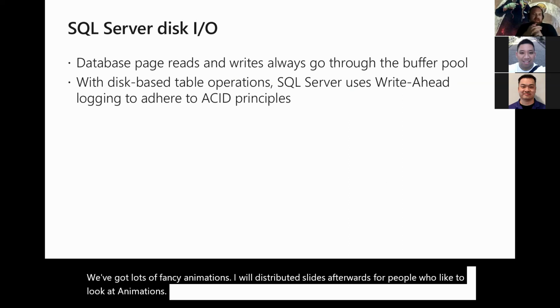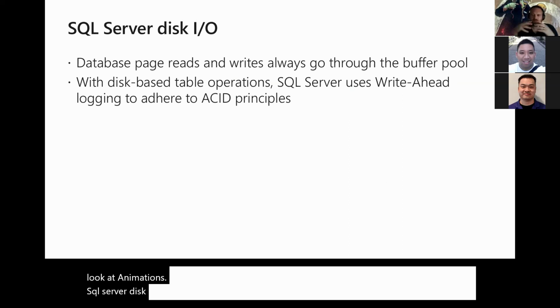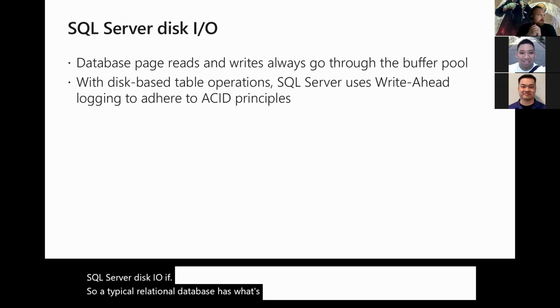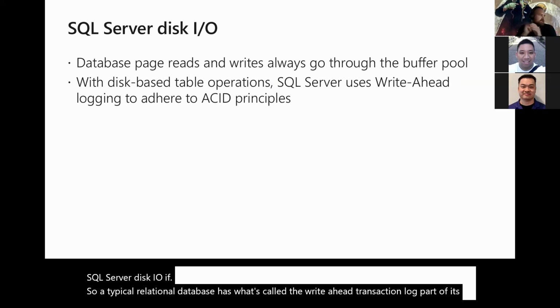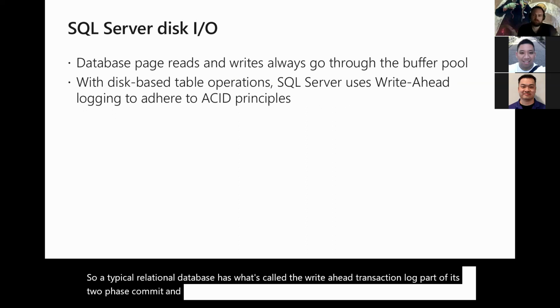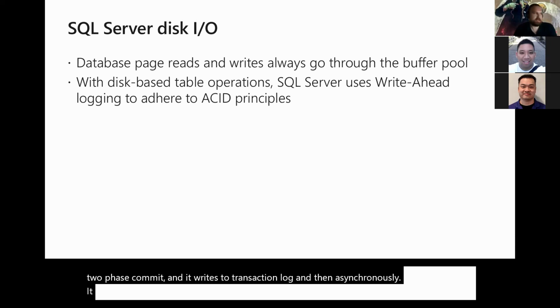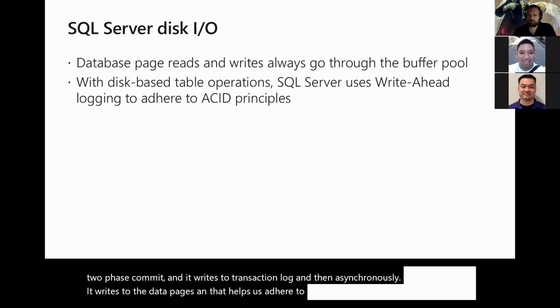SQL Server Disk I/O. A typical relational database has what's called a write-ahead transaction log. Part of it is a two-phase commit, and it writes to the transaction log, and then asynchronously it writes to the data pages, and that helps us adhere to our ACID principles.